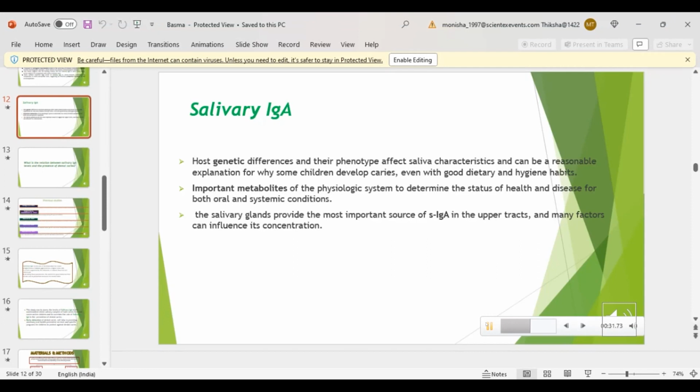Saliva contains important metabolites of the physiologic system to determine the state of health and disease for both oral and systemic conditions, and the salivary glands provide the most important source for salivary IgA in the upper tract, and many factors can influence its concentration.